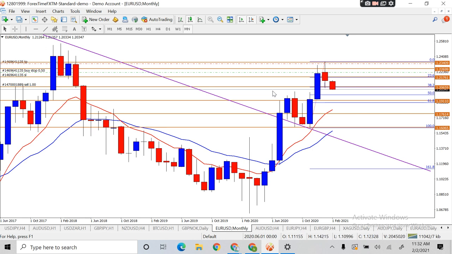Okay, it has broken past. The price is below the 38.2 fib line. It's approaching the 50 fib line. So it's selling right now.